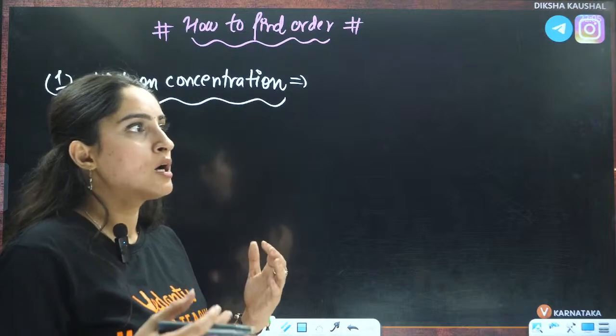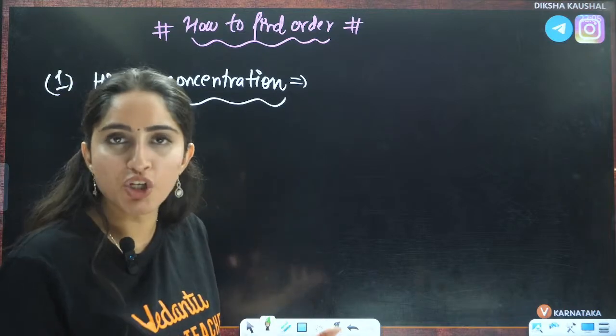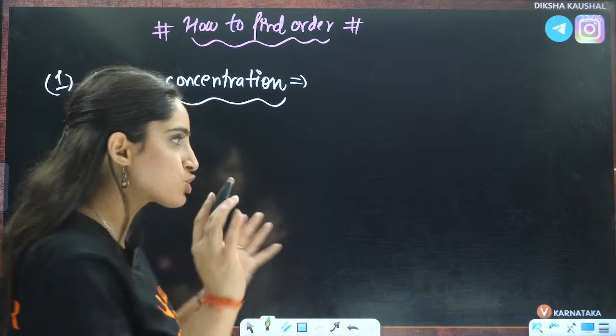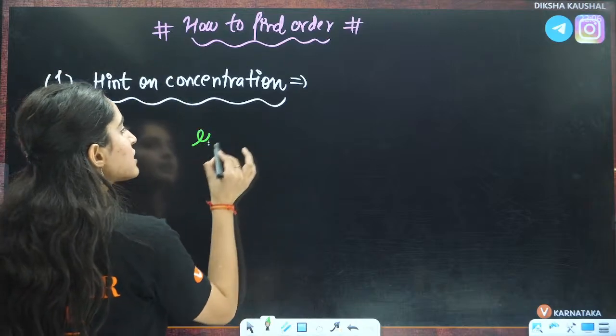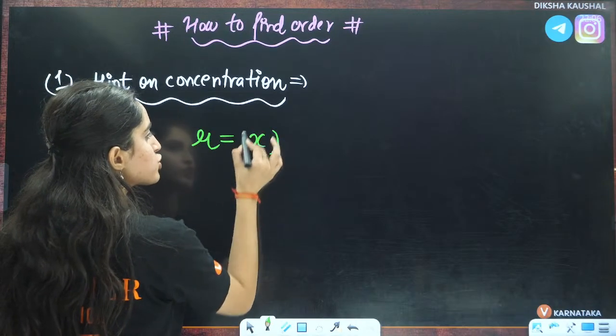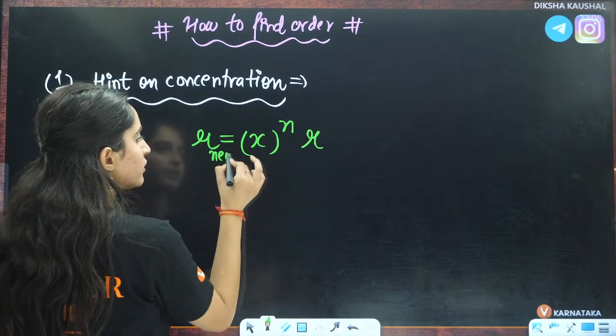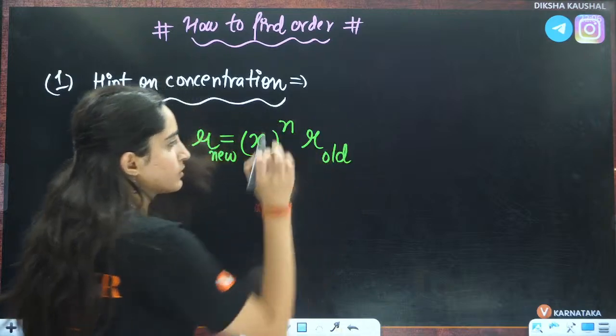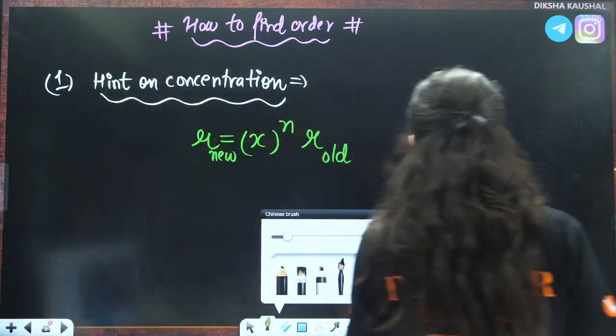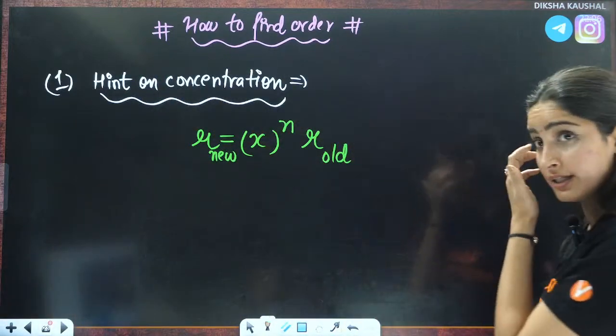Or the rate is 4 times when the concentration is doubled, what is the order? So just remember one thing: R new by R old is equal to x raised to power n. This is your new rate, this is your old rate.